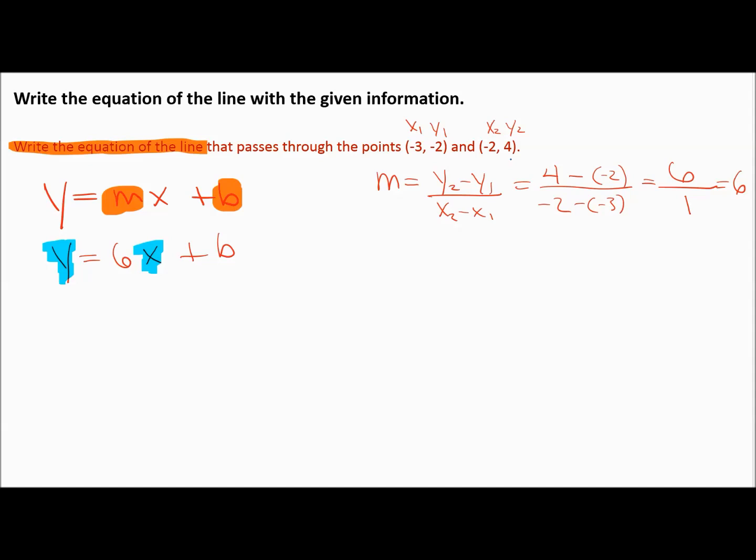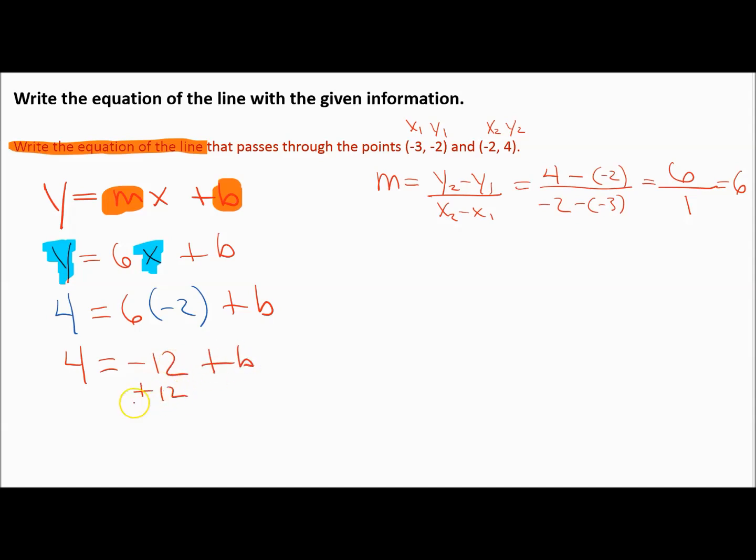So I have 4, and then in red equals 6. And then back in blue, we're plugging in -2, and then plus b. So again, all I did was plug in an x and a y. Either set of points will work. And now I have 4 equals 6 times -2, we know is -12, plus b.